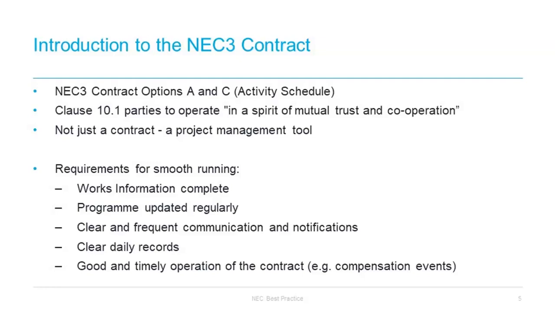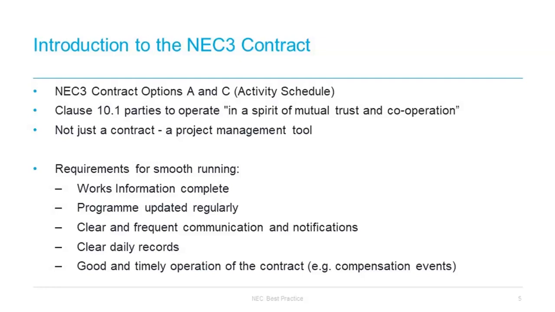There are a couple of requirements which need to be met for any NEC contract to run smoothly, particularly option A. Firstly, the contract should be fair to all parties and allow any contractor to make a fair profit if the contract has been correctly priced and planned. Parties should ensure that the works information is complete and of the highest quality to try to avoid costly compensation events throughout the project. All parties should understand the contract fully and how it's administered.